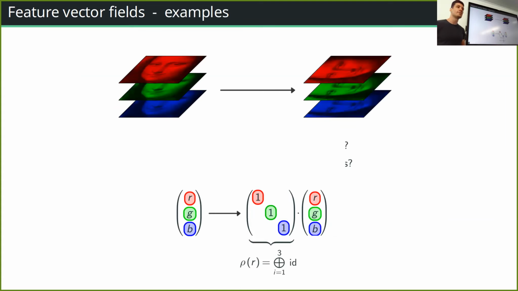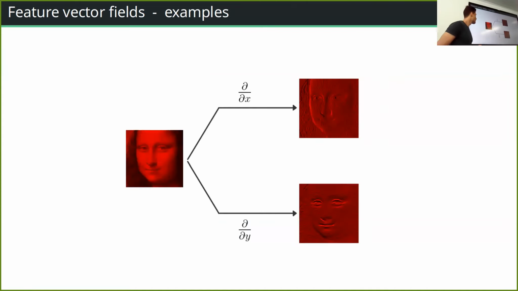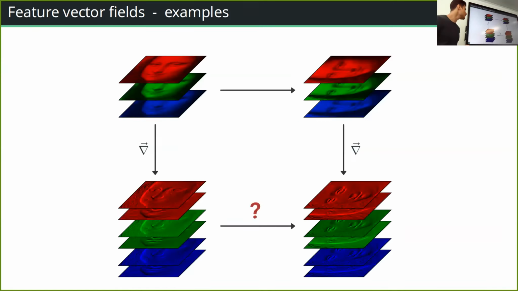So here I have some examples. For instance, if you have an RGB image, you would have 3 channels. And these 3 color channels actually correspond to 3 scalar fields. Since if you would rotate your image, then these 3 color channels wouldn't mix into each other, right? So we have 3 scalar fields here. And then we could take each color channel and take a gradient operator on them. So we get a vector field for each color channel. And we could do it on the non-transformed and on the transformed image.